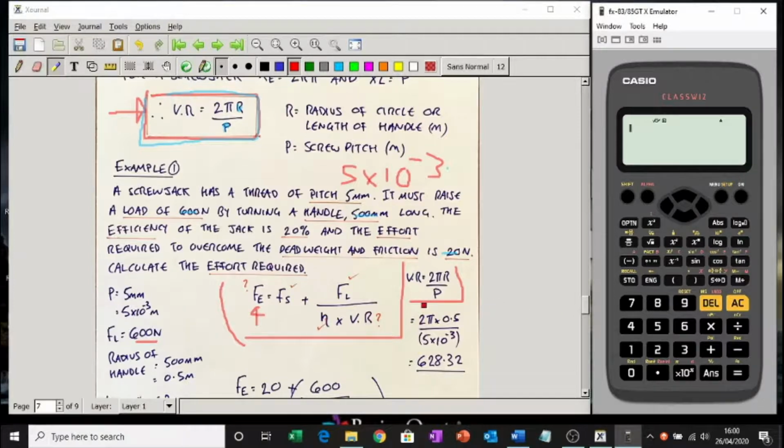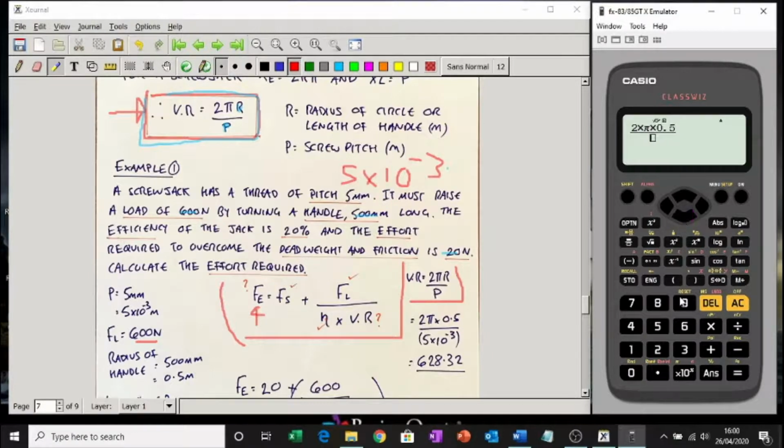That'll give us the velocity ratio, so let's do it. 2 times pi times the radius, which is 0.5, the length of the handle.